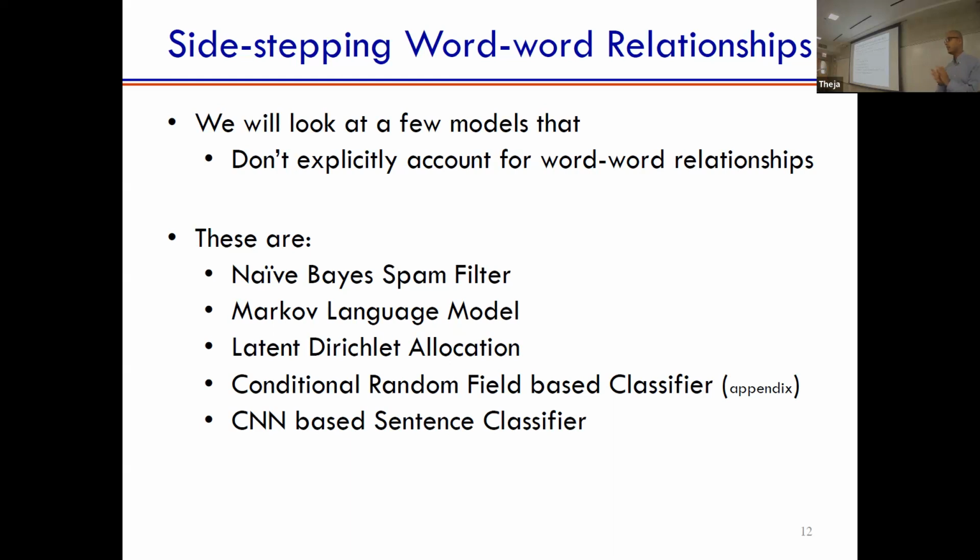In that one-hot encoded version, the distance between cat and dog is square root 2, and the distance between cat and airplane is also square root 2. That's what I mean by word-word similarity not being captured in the numeric representation of these words. We'll spend more time on that in the next few slides.